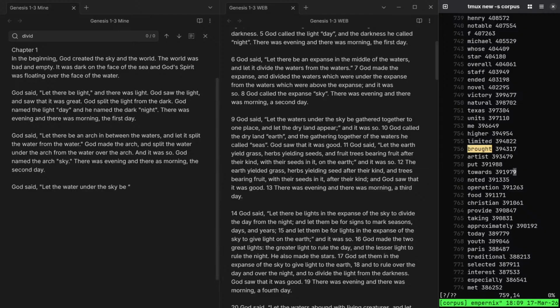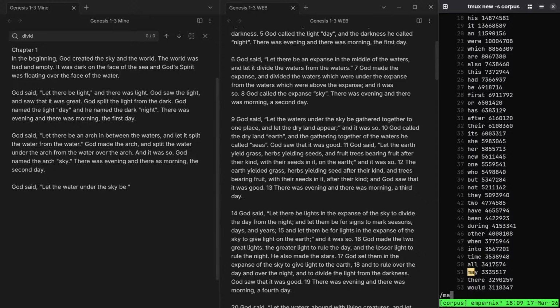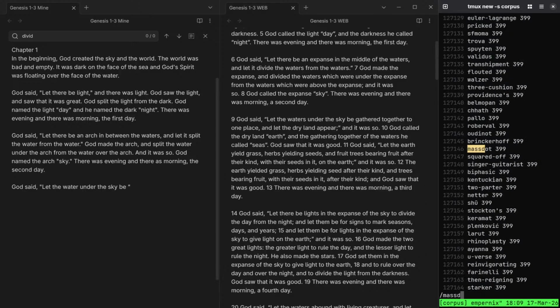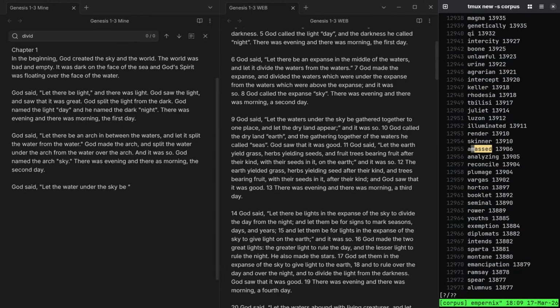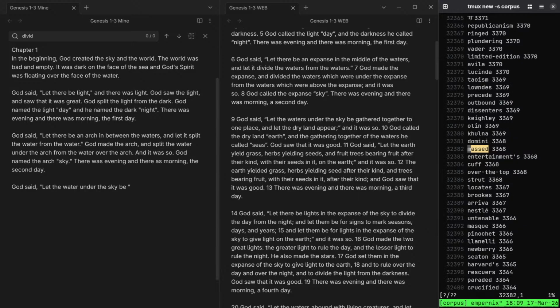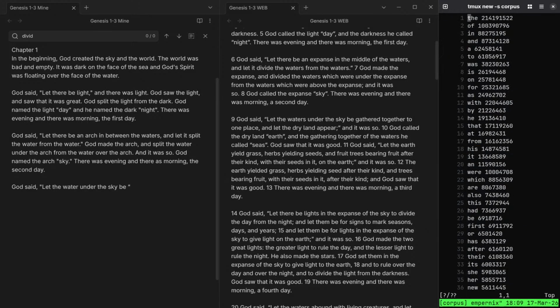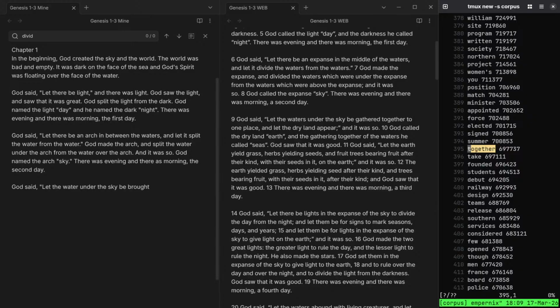Massed. I mean, that's a shorter word, but amassed. I like that word, honestly. That's what I would use if I were making a personal translation. I'll say brought. Now, together is common, right? Yeah, pretty common.